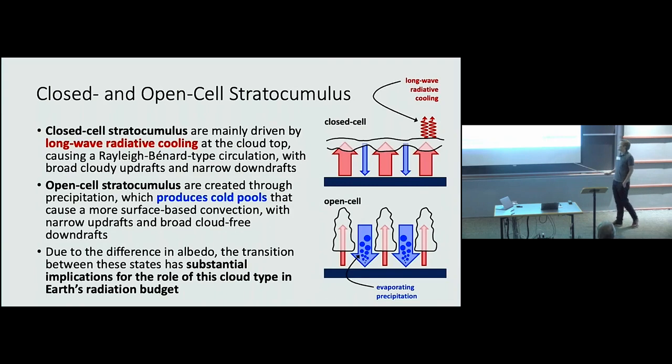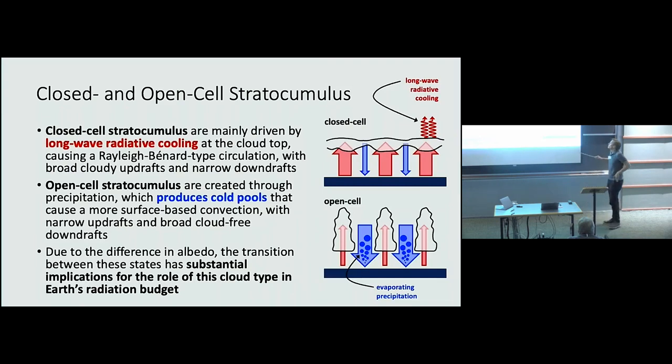On the other hand, we have open cell stratocumulus, and they typically do not have a full cloud cover, because here we have, as Graham already explained, downdrafts in which we have evaporating rain causing cold pools that cause convergence with relatively narrow updrafts and relatively narrow clouds and relatively broad downdraft regions, and that's why we call them open cells, because these downdraft regions are typically cloud-free.